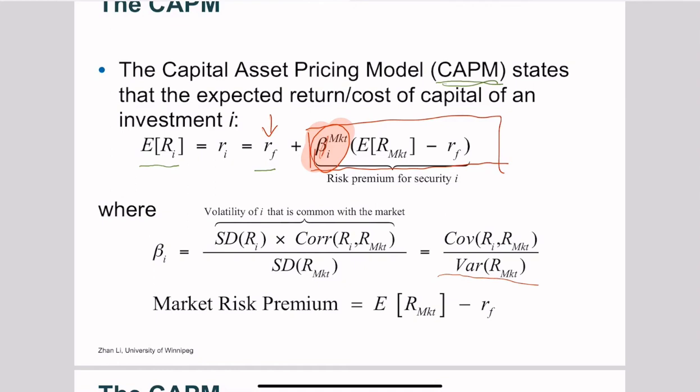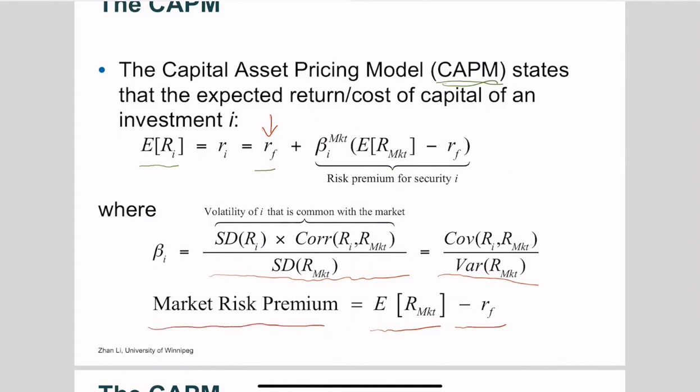It's also important to remember that the expected return of the market minus the risk-free rate has a name: the market risk premium. It's a risk premium because it's the amount above the risk-free rate.